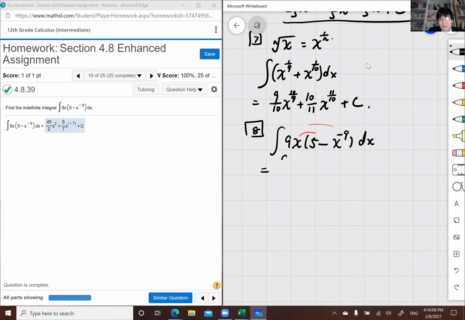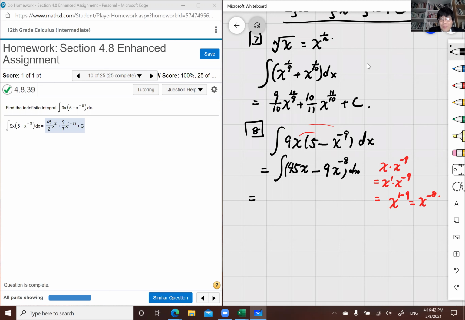So for this one, after you expand the expression, you want to get 45x minus 9 times x to the power of negative 8. Here it is x times x to the negative 9, which is the same thing as x to the 1 times x to the negative 9, which using the exponential rule is going to be 1 minus 9, which is negative 8. So it's just the exponential rule.